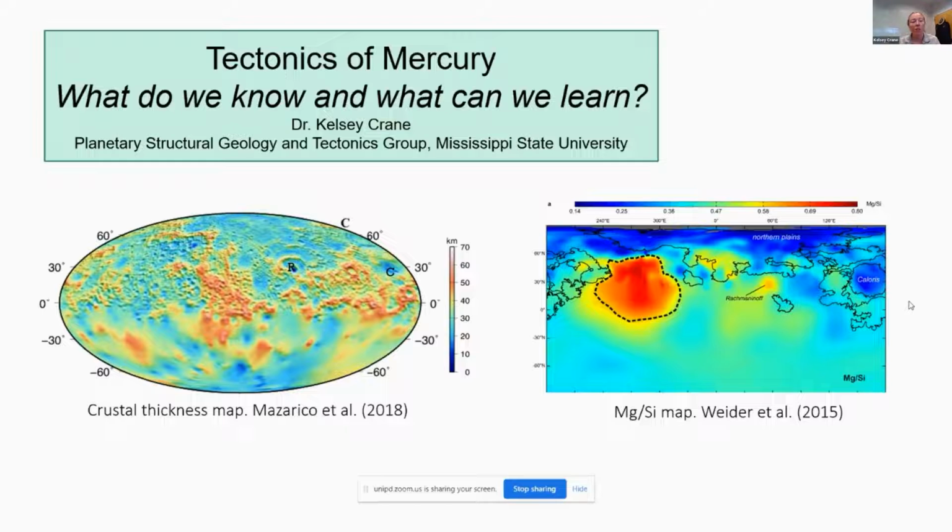So if you're looking at these two maps, what questions could you ask about how crustal thickness is distributed, or how it developed, or how the chemistry of the surface has developed over time? Or maybe even how the two are related. Does anybody have a question they could think of?